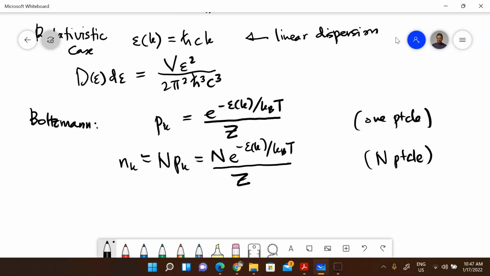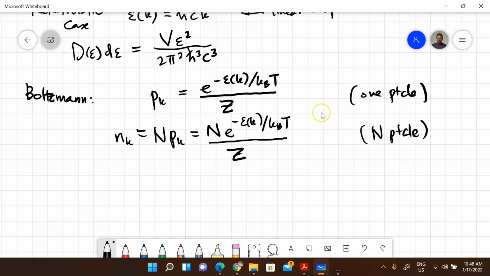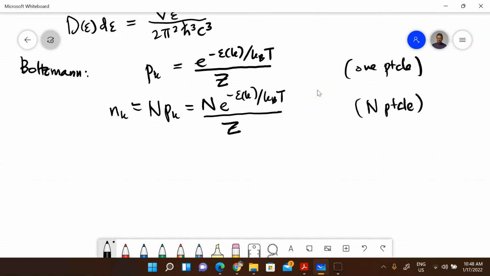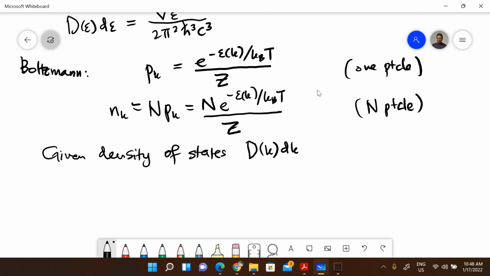Okay, so now what we do is talk about your velocities over here. How we're going to do that is through your wave vector. So given the density of states, the average number, what we have now is the probability.